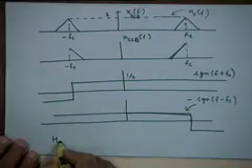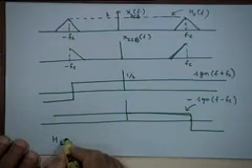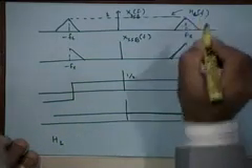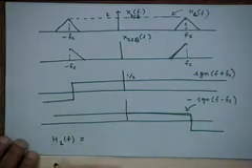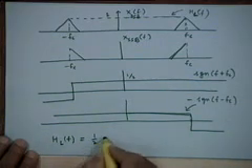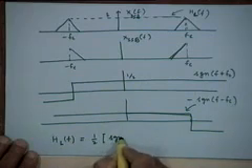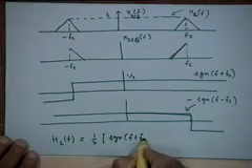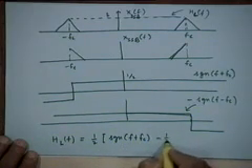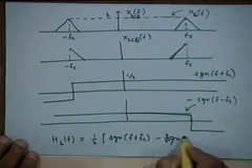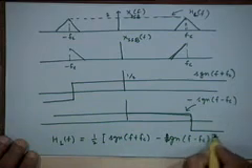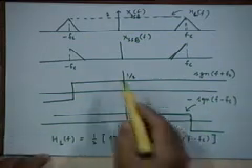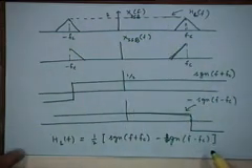What we are saying is that the ideal low pass filter H_LP(f) is equal to half of signum(f + fc) minus signum(f - fc), right? So this is basically what I am saying. This transfer function is a sum of these two.